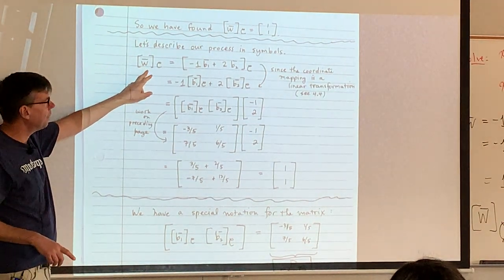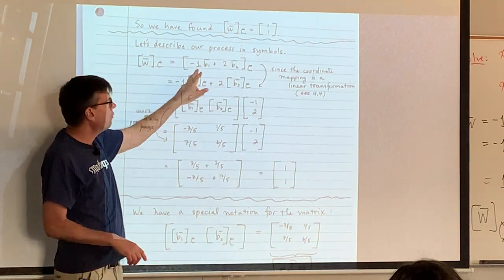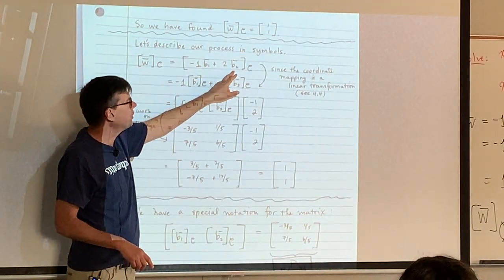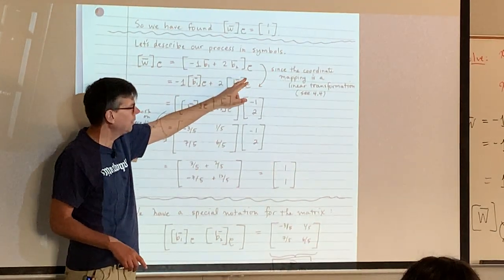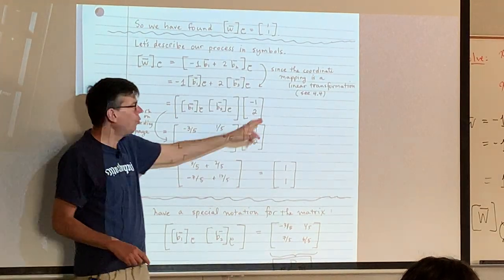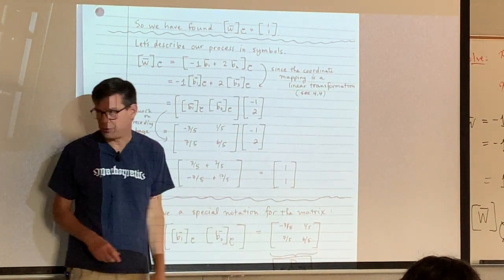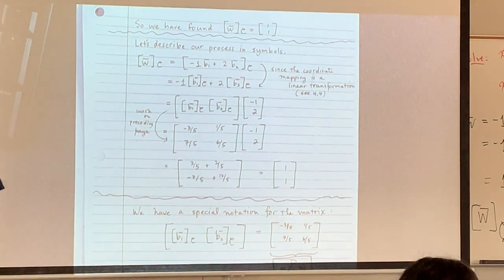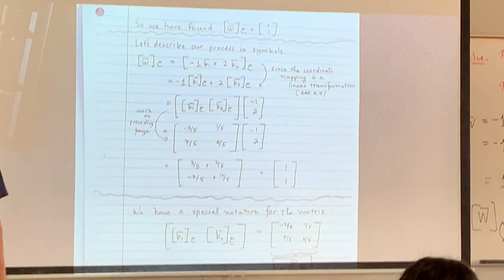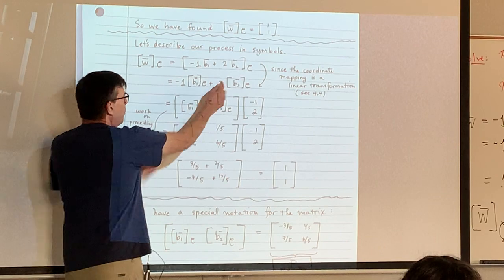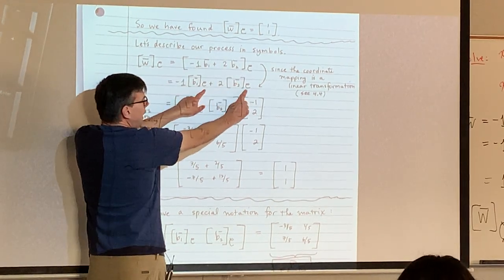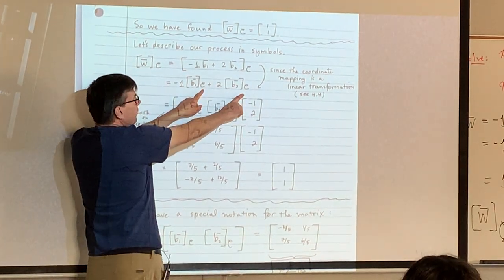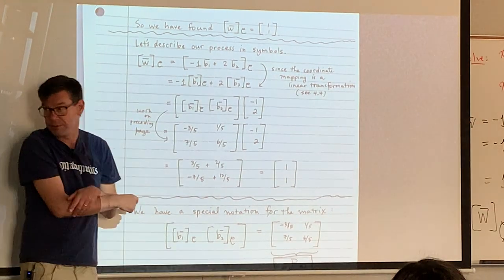The c coordinates of W are the c coordinates of negative 1 b1 plus 2 b2. Okay? The coordinate mapping is a linear transformation. This assigning of c coordinates is a linear transformation, which means we can take apart a sum as the c coordinates of each summand, and we can also factor out scalars.